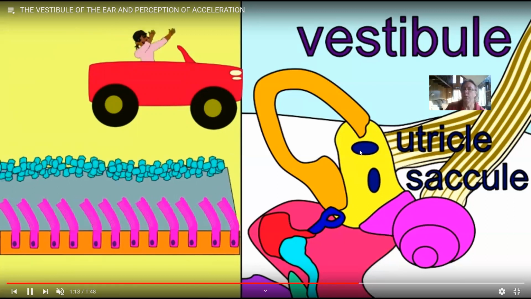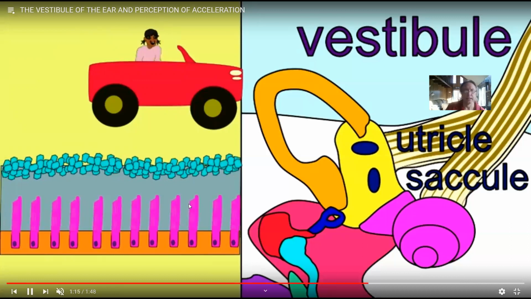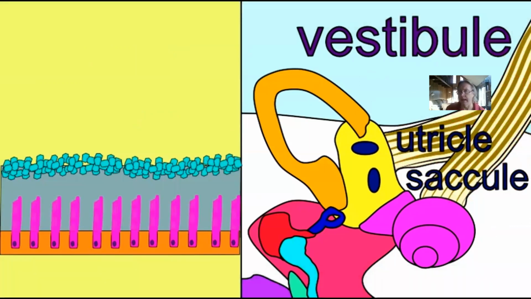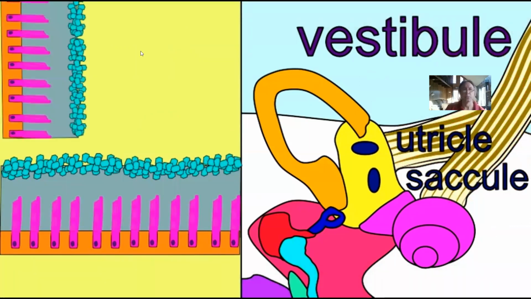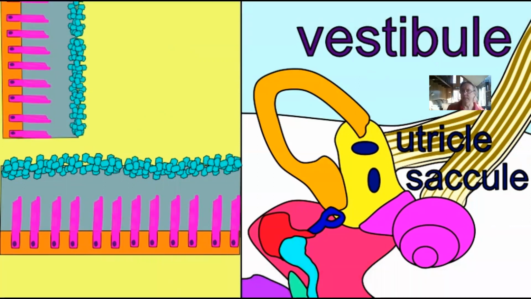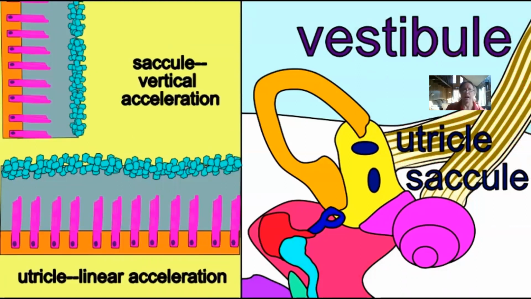So this utricle has the otolithic membrane oriented in the plane that you see here, and thus can sense linear acceleration like that of a car. But in the saccule, the same setup occurs more vertically. And if you're in an elevator, you get a sense of when the elevator starts to go up and then decelerates, etc. If you were falling, you would have a sense of that.